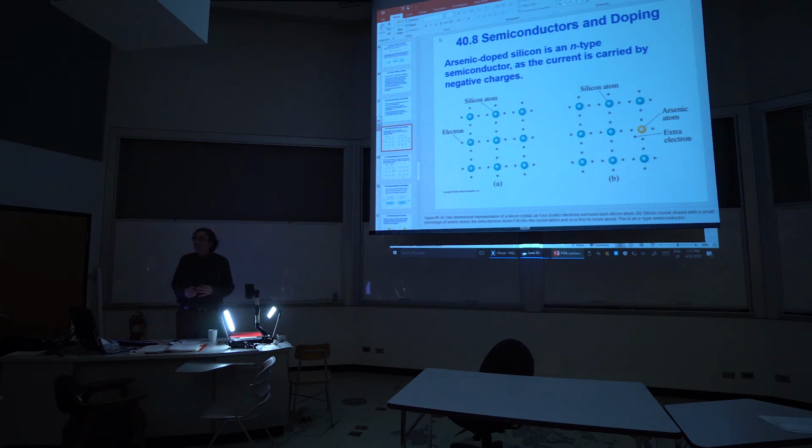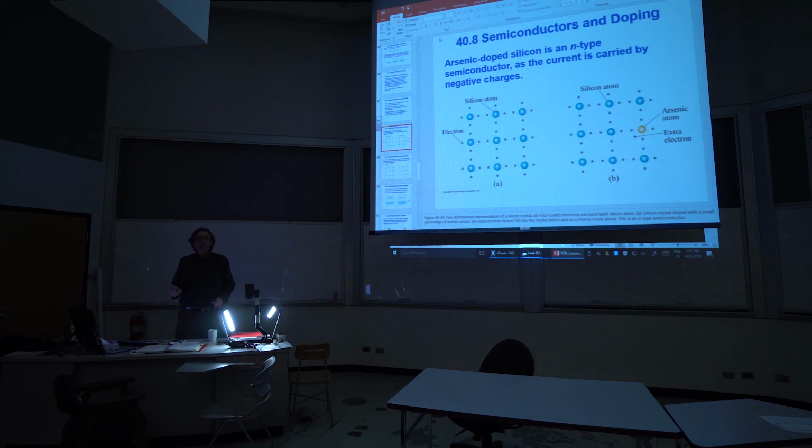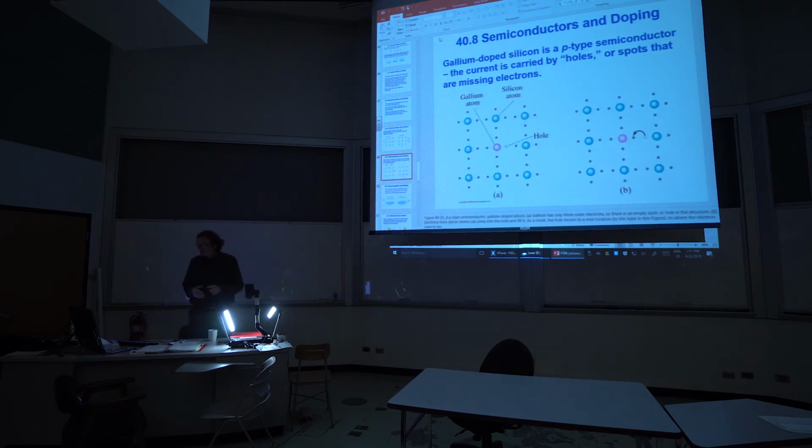No questions? Okay. Good. Now, that, by the way, is called N-type, because we've added a negative charge carrier to the sample of silicon. We take another sample of silicon, and instead of replacing one of the atoms with arsenic, we are going to replace one of the atoms with gallium. Right?